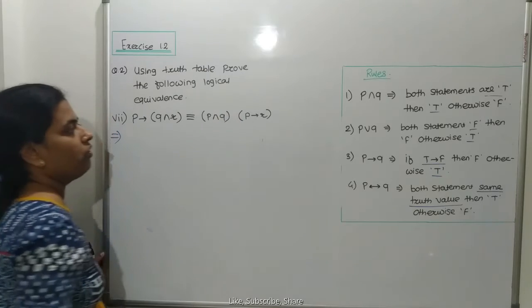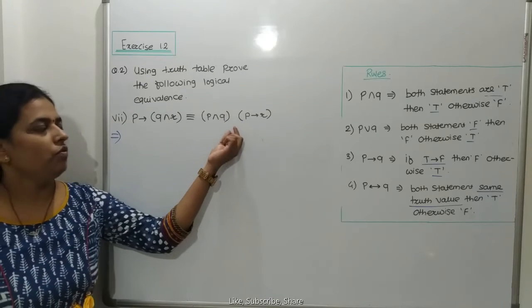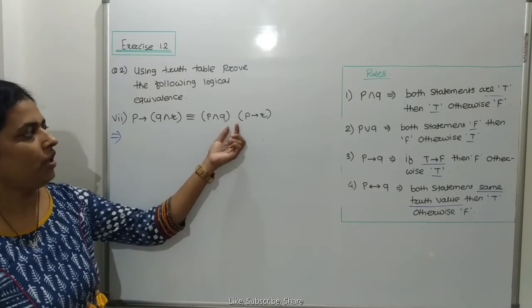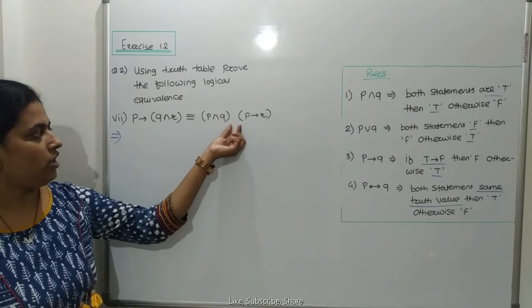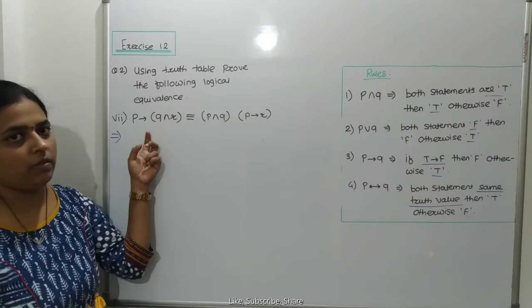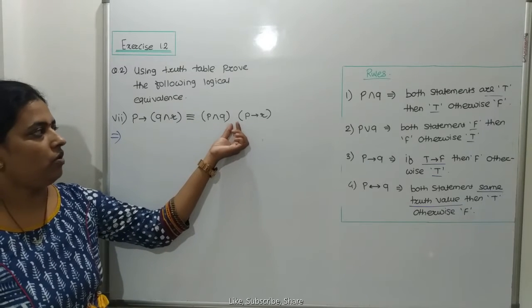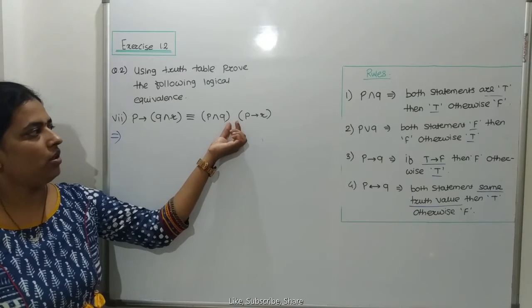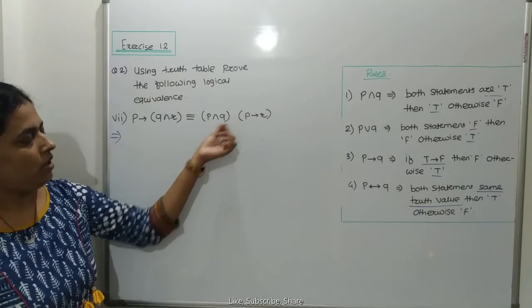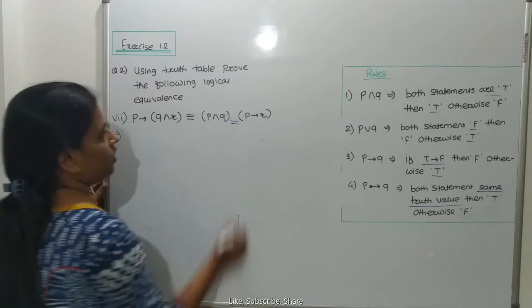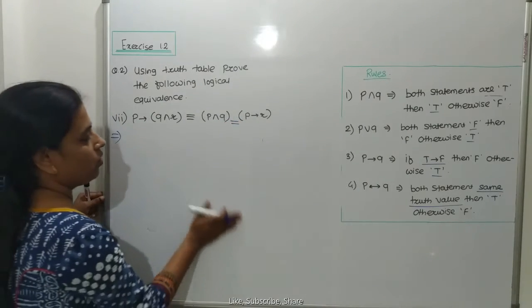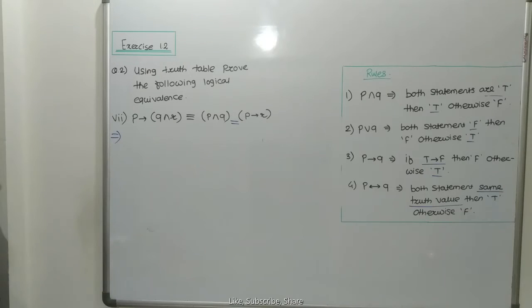We have to check which logical connective satisfies the logical equivalence, but we don't know which logical connective is in the place of this one. So we have to skip this question. Now we have to start question number 8. Okay, it may be a clerical mistake.